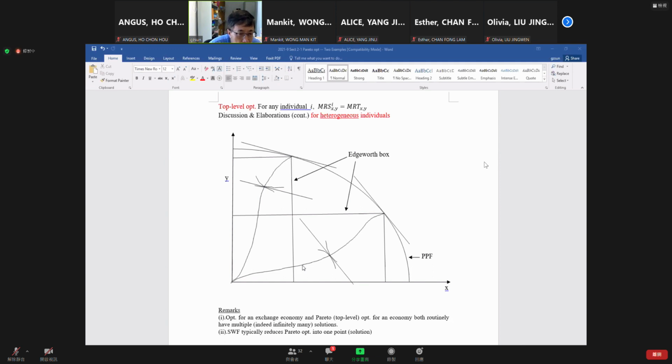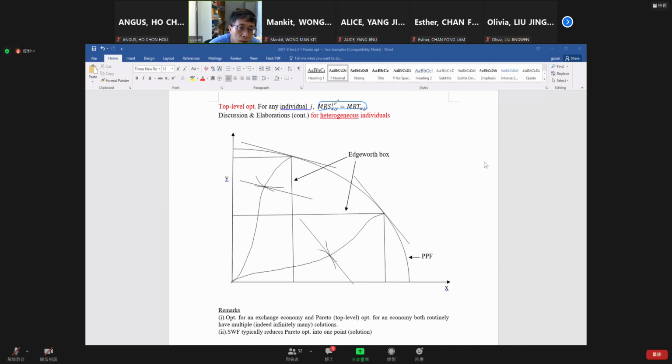But in general, we have only one point such that we can get the so-called top level. Top level requires this one. This is our golden equation. We organize production, and at the same time we organize exchange or consumption for everybody, you and me, for any individual.